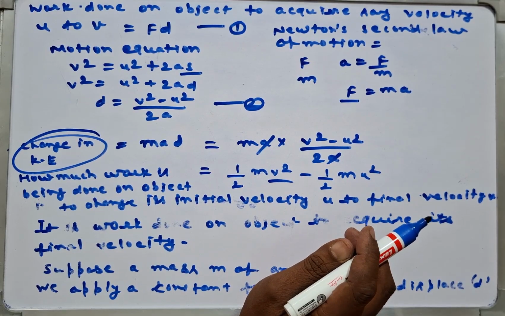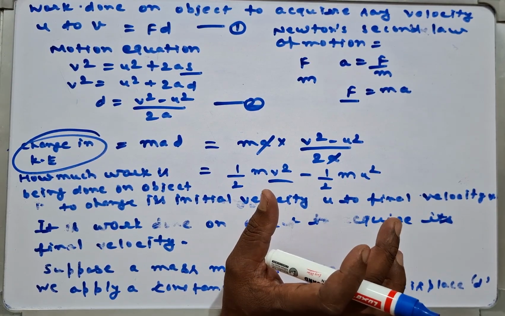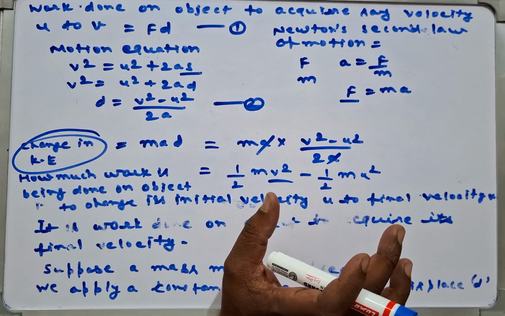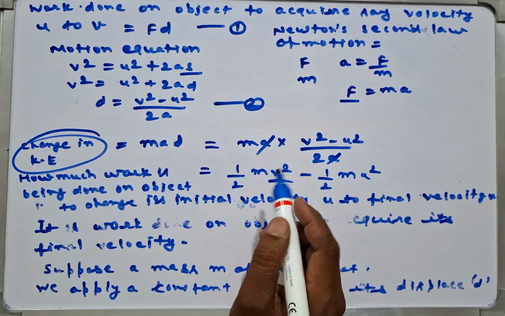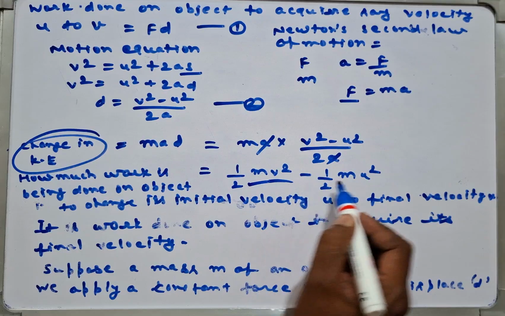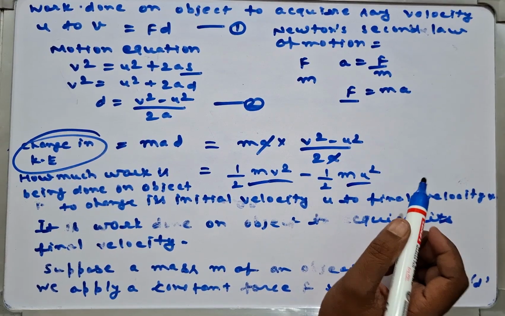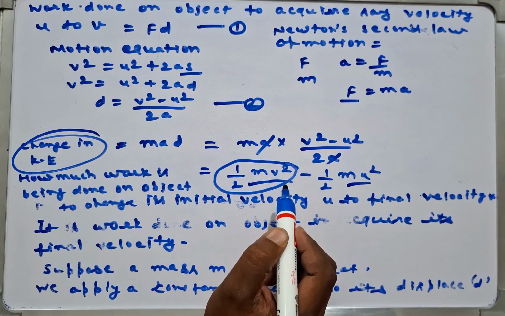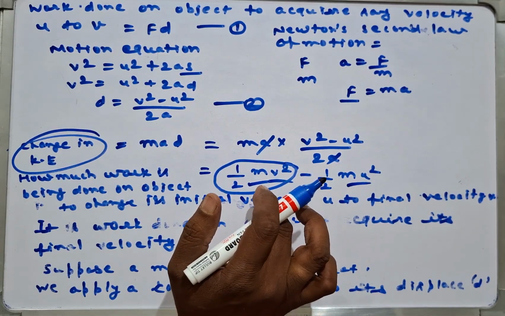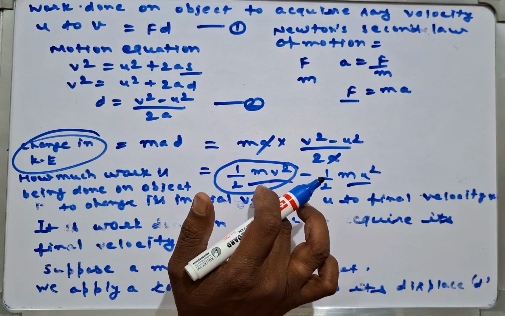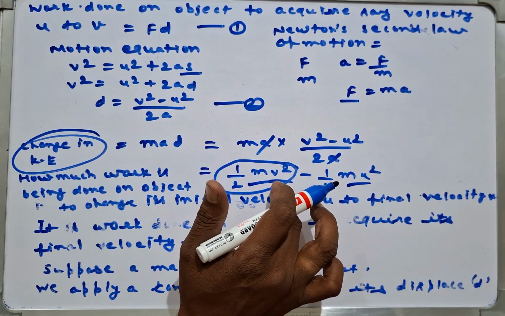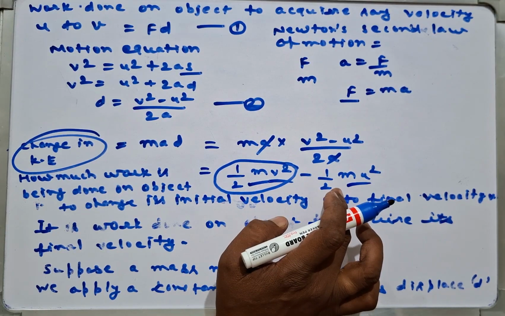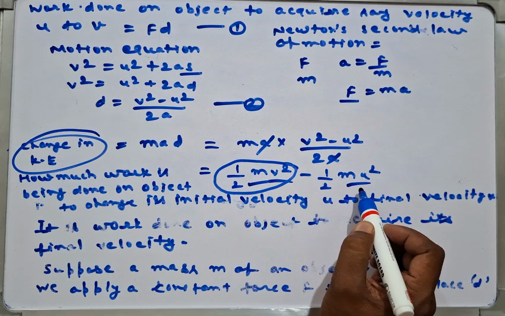Okay, so guys, suppose here there are two terms, this one is the first term and this one is the second term. So this one is the final kinetic energy of the object, and this one is the initial.